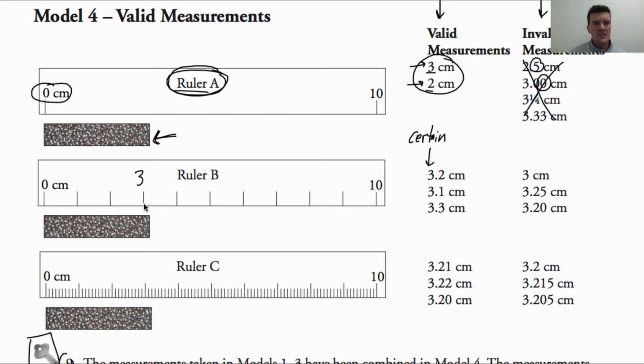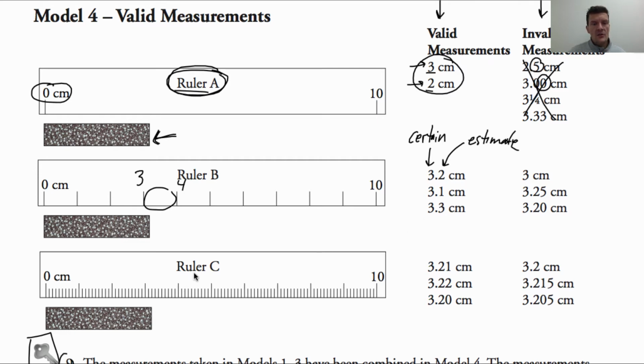Everybody can agree that it's 3 or greater. Now, when you're measuring, you get to estimate the next place value. Some people are going to say, well, I think it's 0.2, I think it's 0.1, I think it's 0.3. You have to guess because you don't have markings in between 3 and 4 here. You are allowed one digit to estimate.